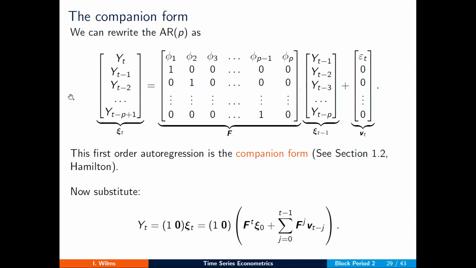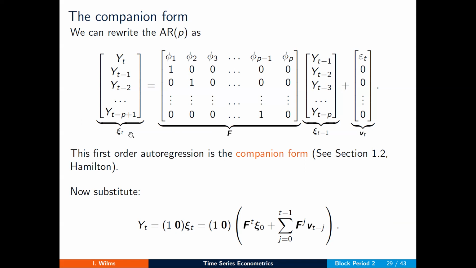How can we obtain this companion form? Well, by writing down a system of P equations. The first equation is for yt, and below we stack its P minus 1 previous observations.